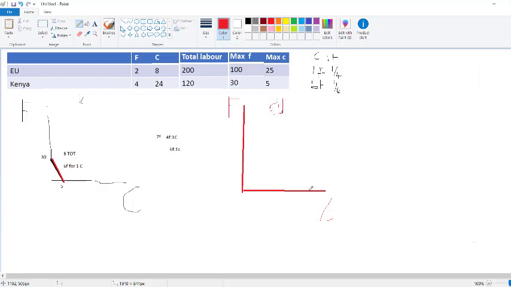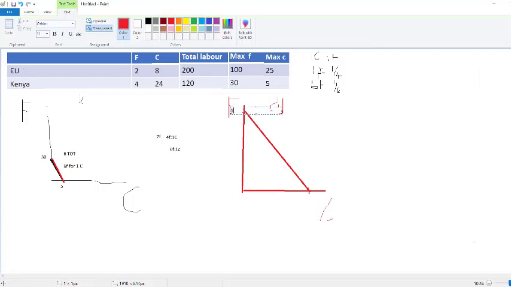The maximum carbon they can produce is 25, and the maximum food they can produce is 100. So somewhere here, and then we assume here. Value here is 100. Value here is 25.